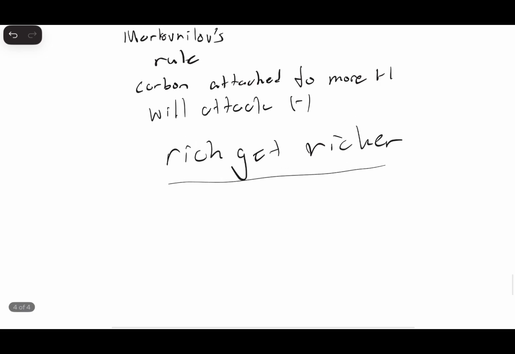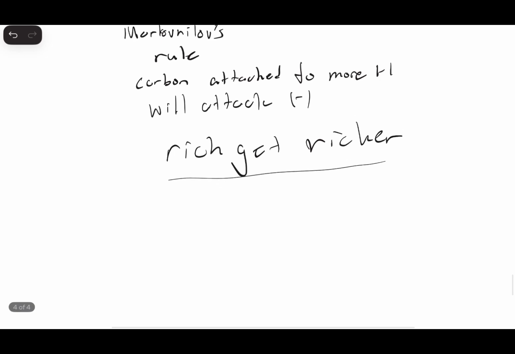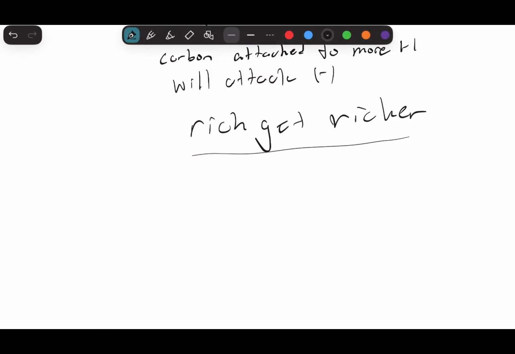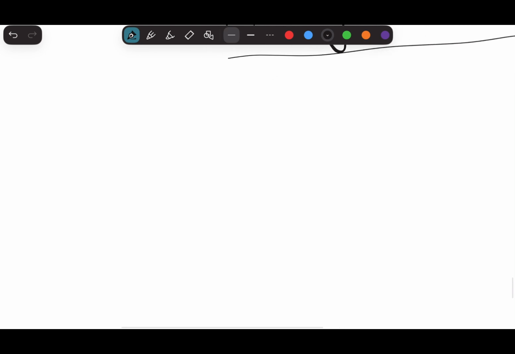And then now there is electrophilic substitution with benzene. Now, this is something you definitely have to know. So, essentially, how should I say this? A benzene ring.